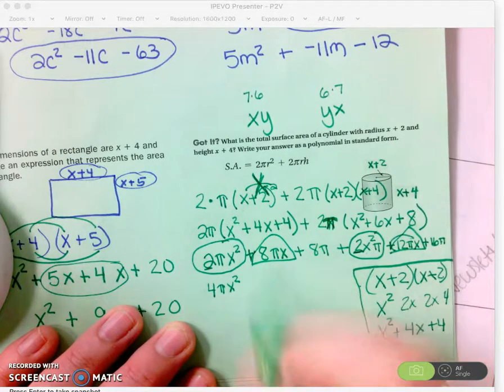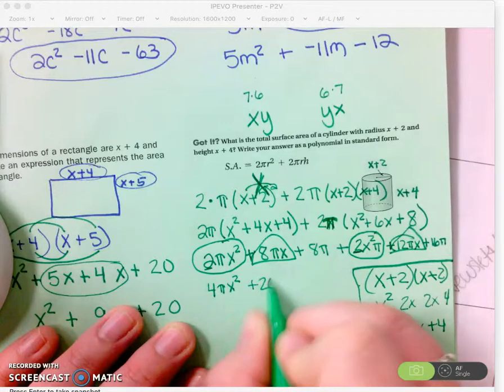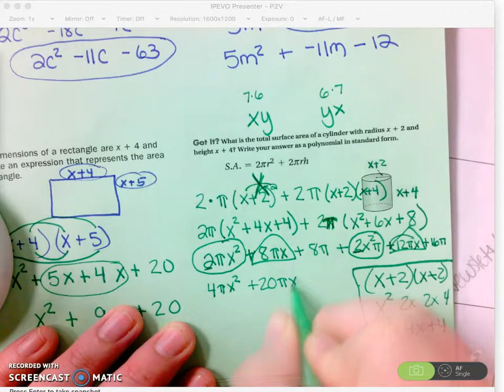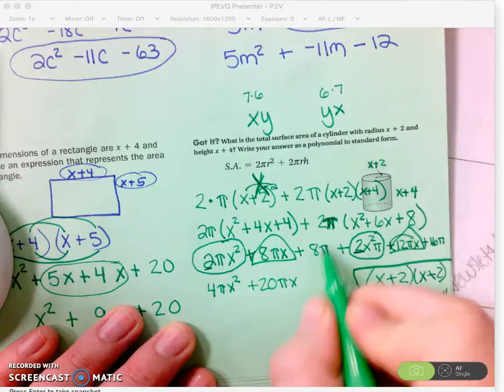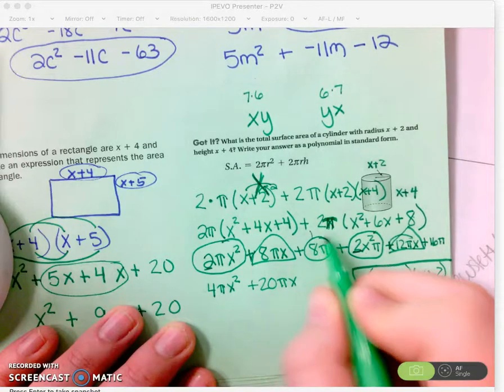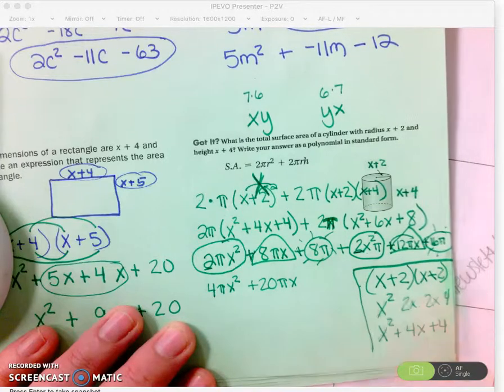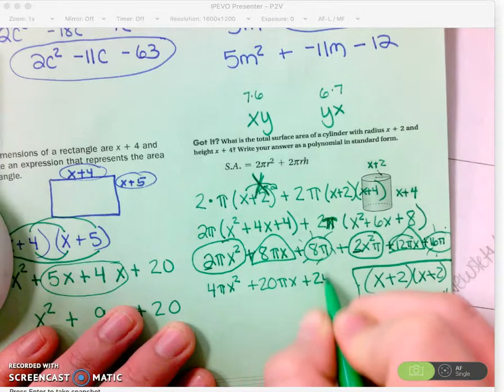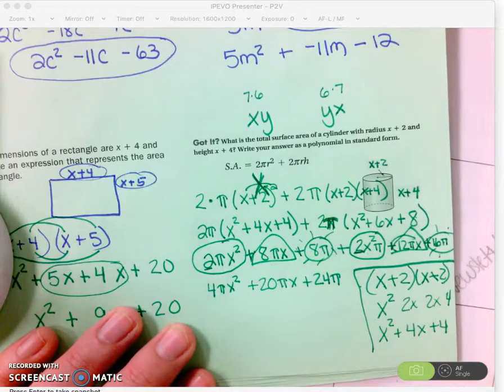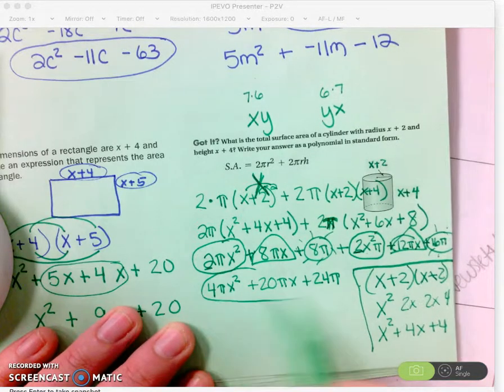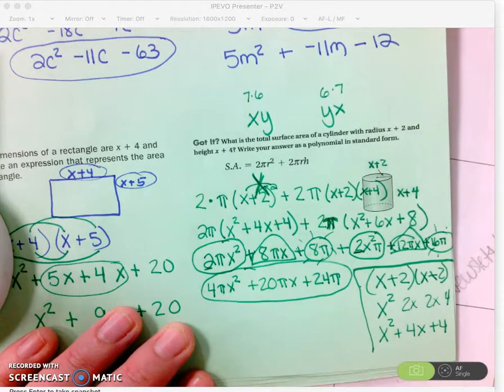And here I have 8 plus 12, 20 pi times x. And then just the pi's, I have 8 plus 16 would be 24 pi. And this would be my answer.